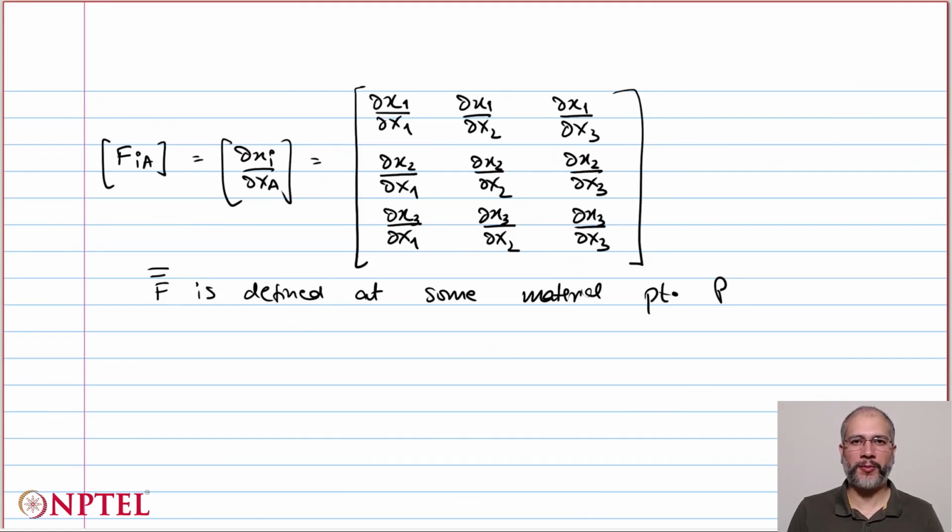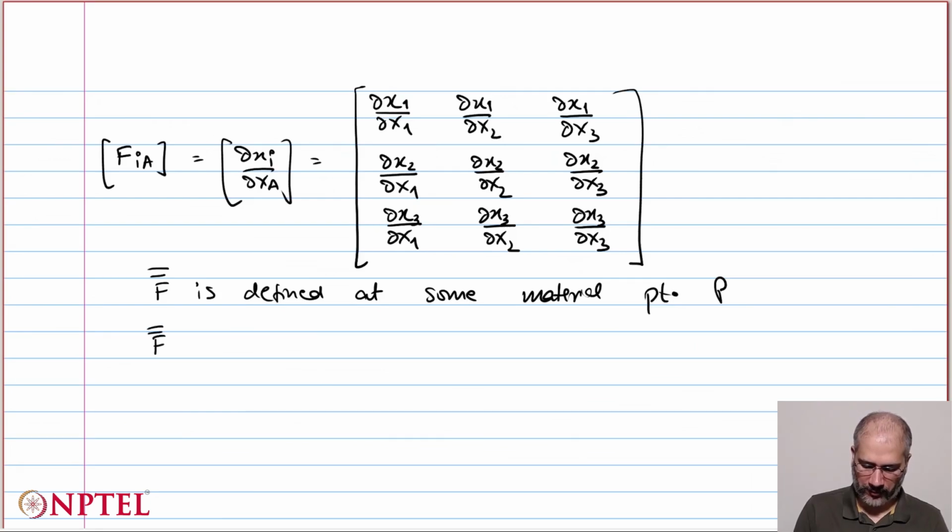So F will be defined at a point, and this is a local quantity. And as I go to different material points in my undeformed configuration, I may have different values for the 9 components of the deformation gradient tensor F.